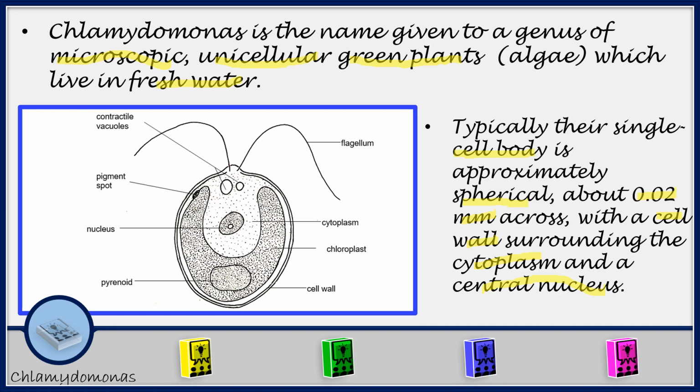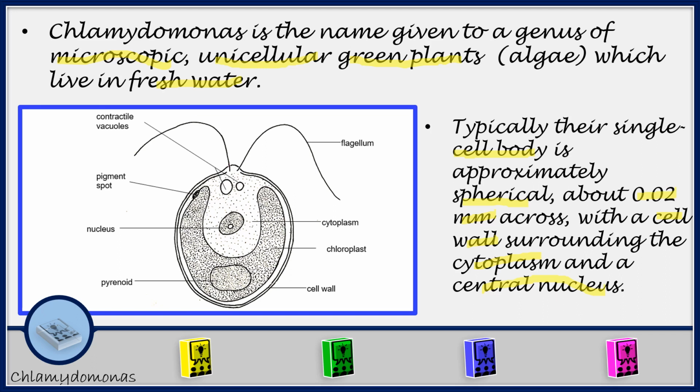So Chlamydomonas is a name given to microscopic organisms, unicellular green plants, algae that live in fresh water.